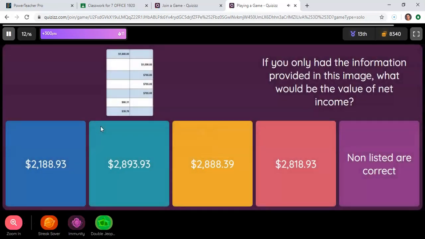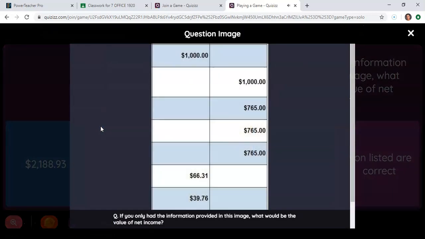If you only had the information provided in this image, what would be the value of net income? This is where we need to know debits and credits. Here are the debits, which would be indicated here on the left side. Therefore, expenses increase with debits. So here's the debit side here. Here's the credit side. So this would be our revenue, sales. So we need to add all of these up and then subtract these 3 values here. So here we should get a total of $32.95.